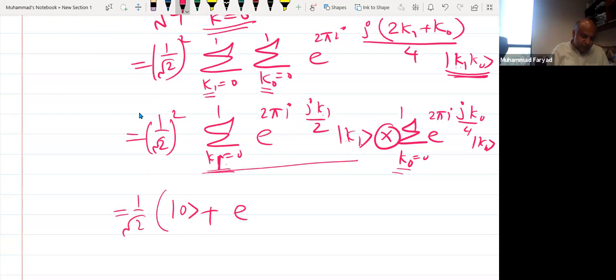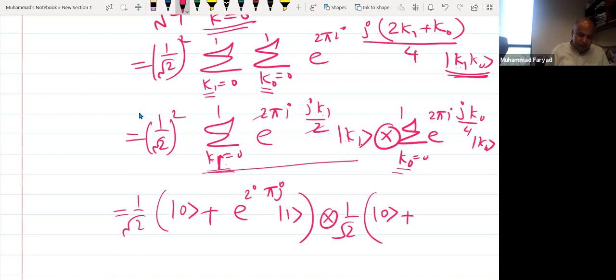Let's cancel this 2 as well, so I have exponential iota pi j, and the state 1. Tensor 1 over square root 2. So again, when k0 is 0, this phase term goes away, I have 0, plus when k0 is 1, let's cancel this 2 with this 2, so we have exponential iota pi by 2 j, and the state 1.